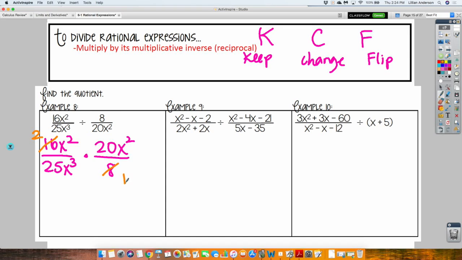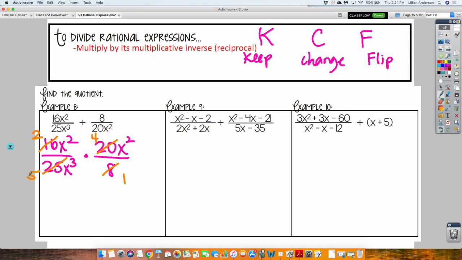Anything else? Okay. 5 goes into 20 how many times? 5 goes into 25 five times. And you said something about an x squared? Which x squared? Does it matter? No, it really doesn't.